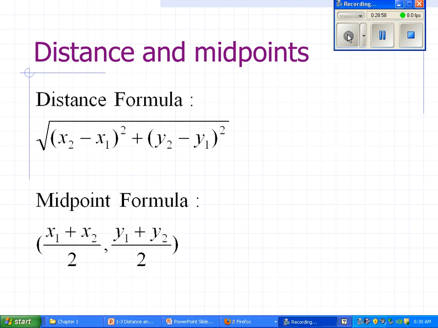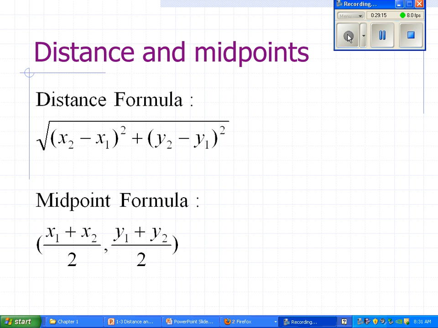And we'll do a couple. The midpoint formula. This is probably the easiest formula we'll cover all year, but it's the one that people seem to have the most trouble with. To find the middle point, all you have to do is take your x coordinates, add them, divide by 2.